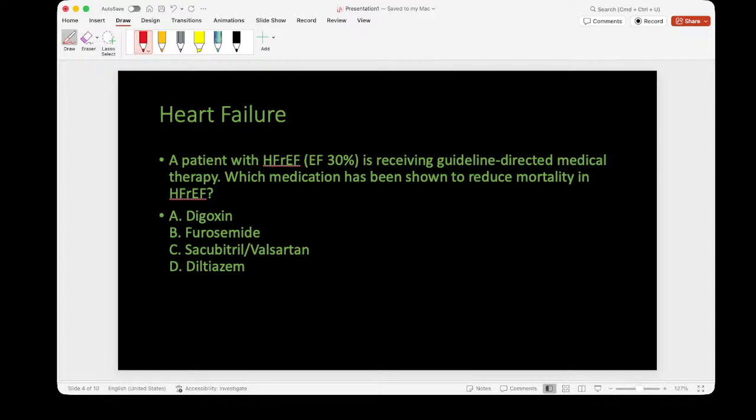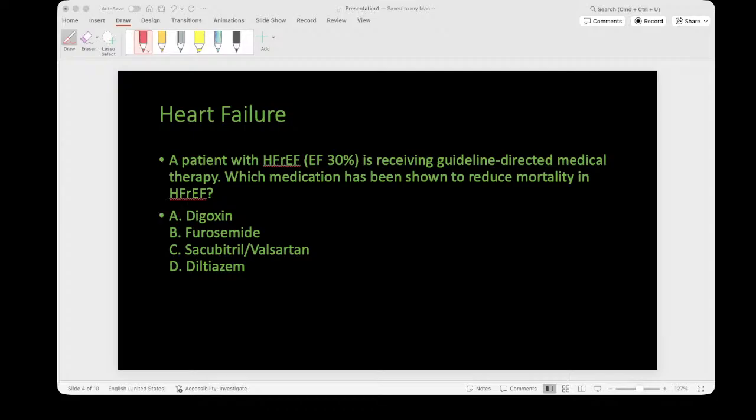The last one here falls in two groups. Diltiazem is a calcium channel blocker, but diltiazem and verapamil are both non-dihydropyridine calcium channel blockers, and so they have a negative effect on heart failure. In fact, it's not recommended for a patient having heart failure.